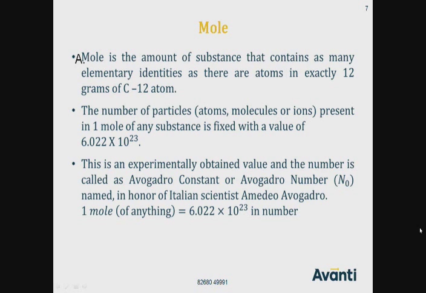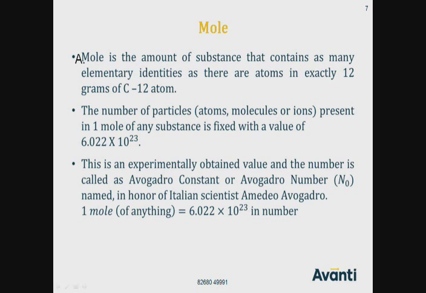Here it is an isotope of carbon, meaning carbon can exist in different forms like carbon 12, carbon 13, carbon 14, and out of these we are using carbon 12. So mole is the amount of substance that contains as many particles, or entities, as there are atoms in exactly 12 gram of C12 isotope. This is the definition of the mole.